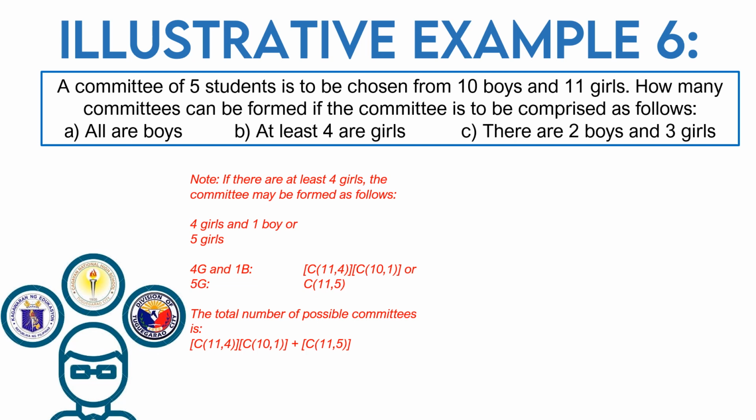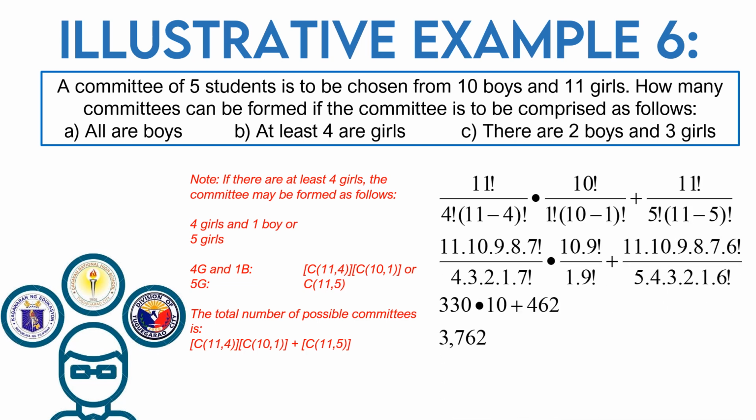So we now have, for combination of 11 taken 4 at a time, 11 factorial all over 4 factorial times 11 minus 4 factorial. For combination of 10 taken 1 at a time, we have 10 factorial over 1 factorial times 10 minus 1 factorial. And for combination of 11 taken 5 at a time, that's 11 factorial all over 5 factorial times 11 minus 5 factorial.